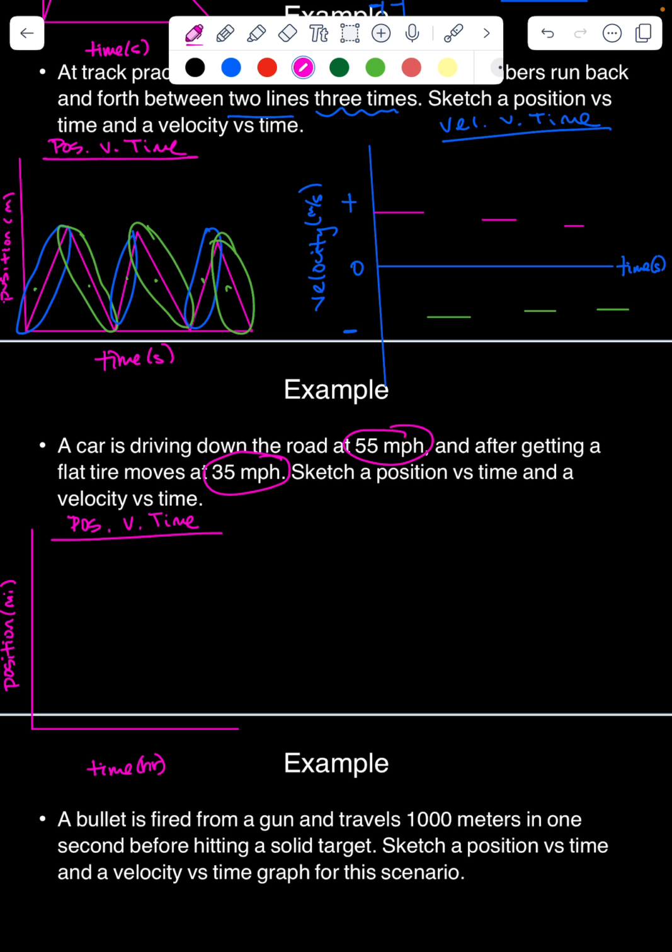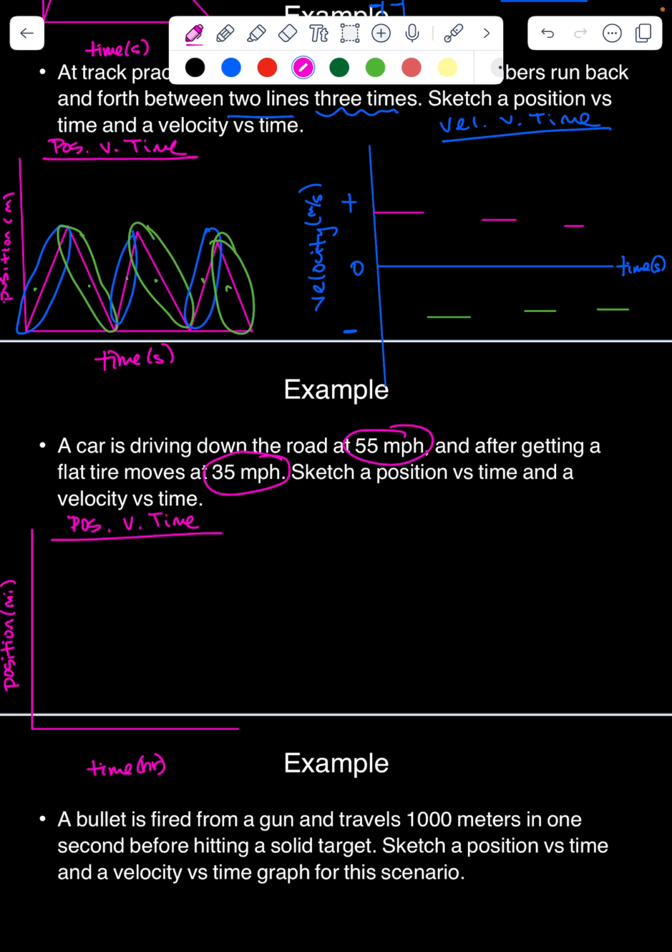All right, so we know that we're going to have 2 straight diagonal lines going in the positive direction. So what's going to be the difference? How are we going to tell the 55 mile per hour one from the 35 miles per hour one? I'm so glad that you just asked. We've seen it in our notes. We've seen it in our labs.